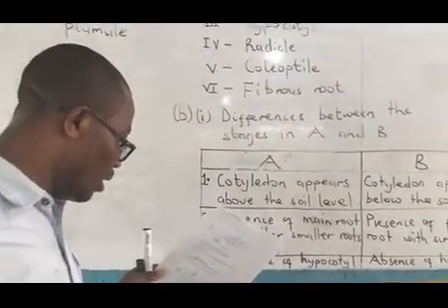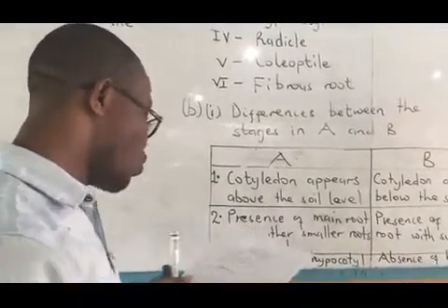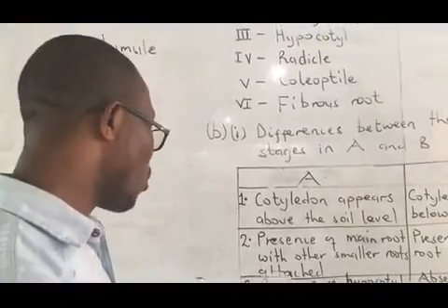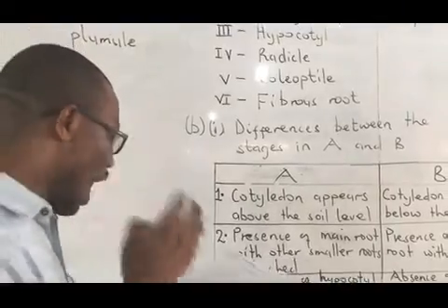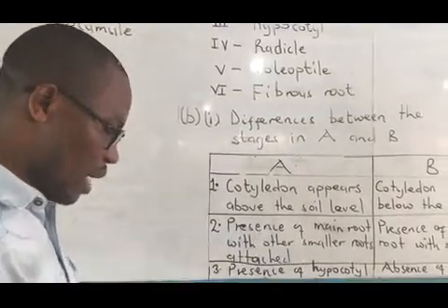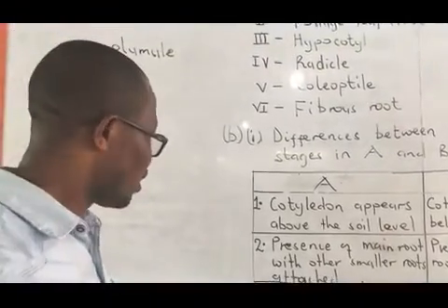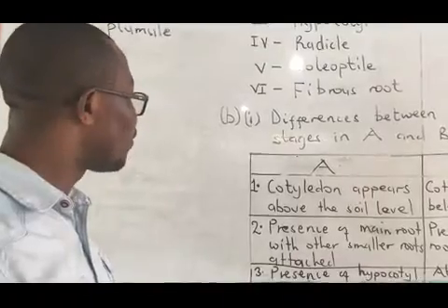But the B consists of roots of similar size, and that's what we refer to as fibrous root. And then also in A, there's the hypocotyl, but in B, there is no hypocotyl. So that is for the differences in terms of A and B.